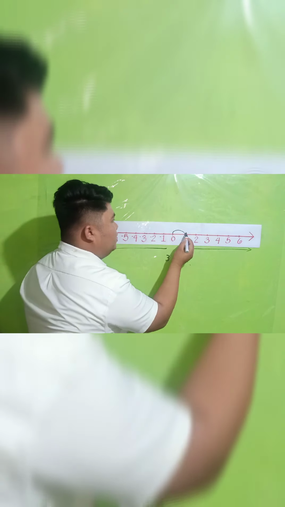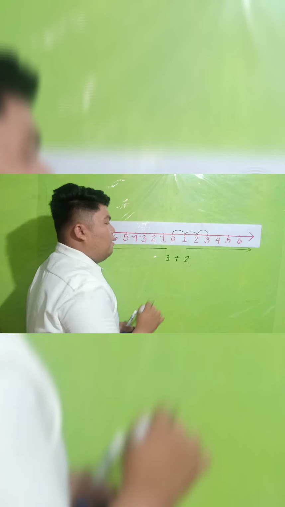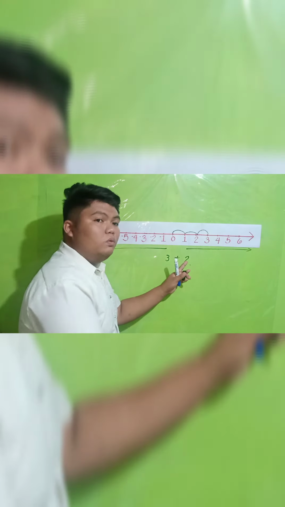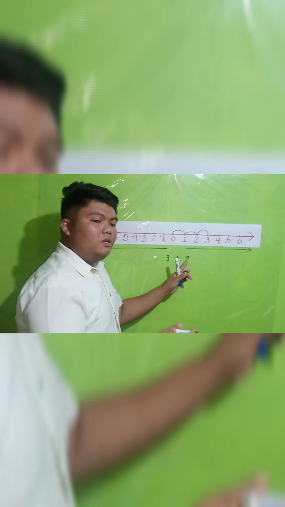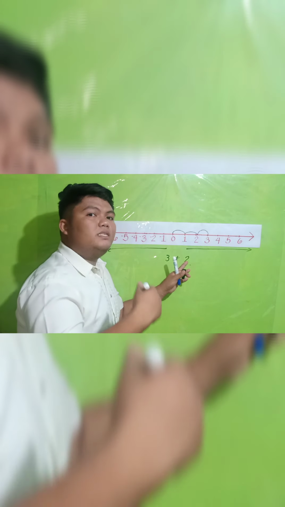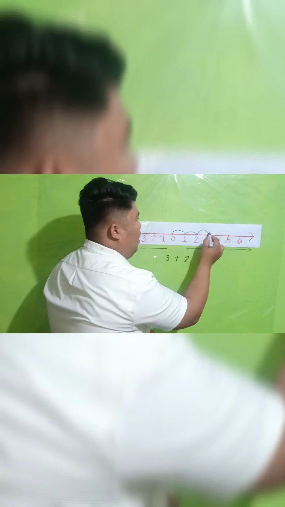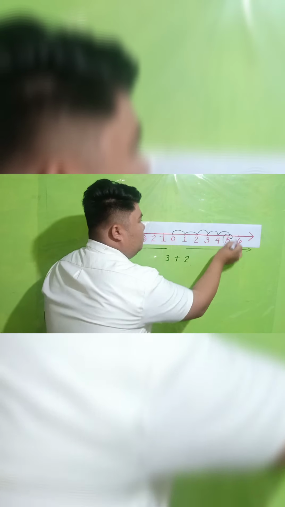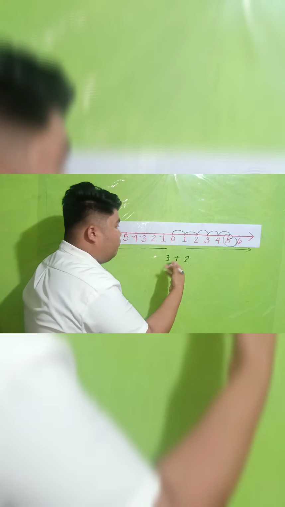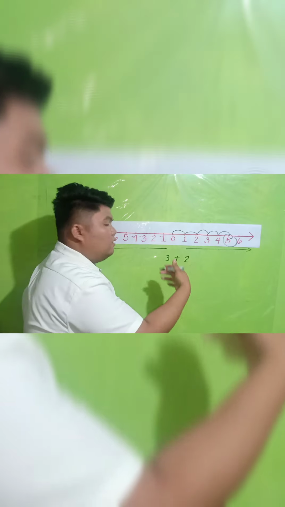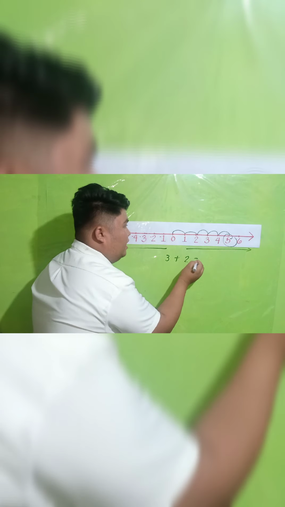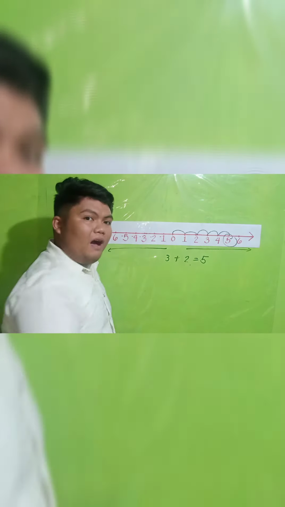So 1, 2, 3. Plus positive 2. So it's positive, so we have to move another 2 places to the right. 1, 2. So the correct answer for 3 plus 2 or positive 3 plus positive 2 is positive 5.